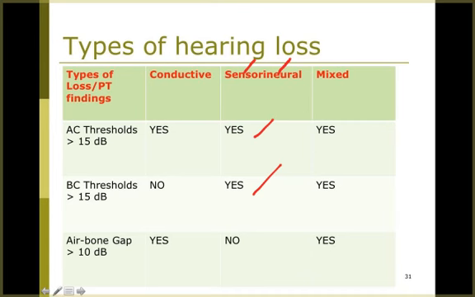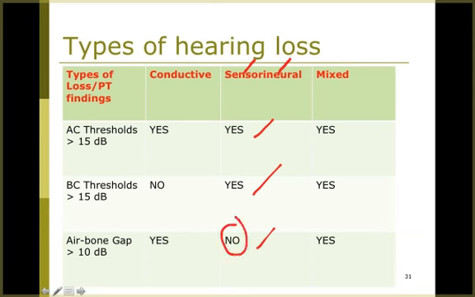There is still a loss of intensity of the sound. And if you compare the air conduction thresholds and the bone conduction thresholds, they're going to look close to each other. So is there a significant air-bone gap? The answer for sensorineural hearing loss would be no.